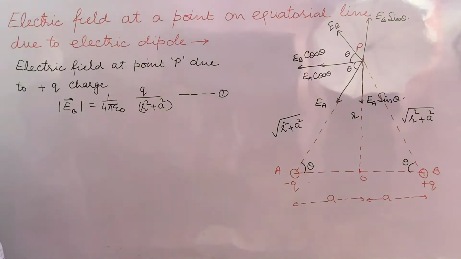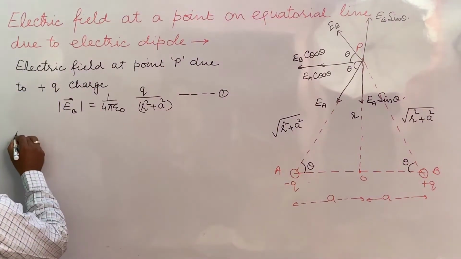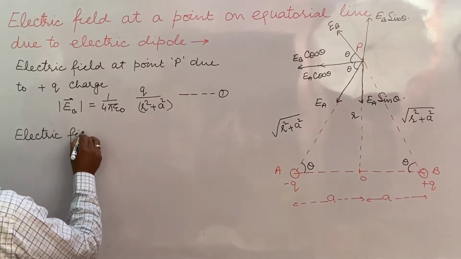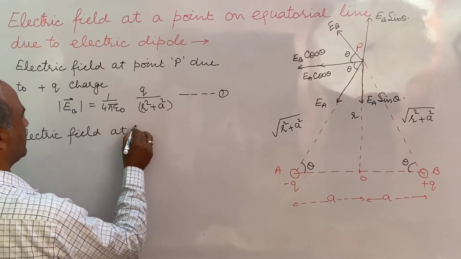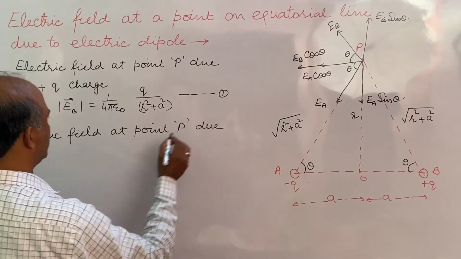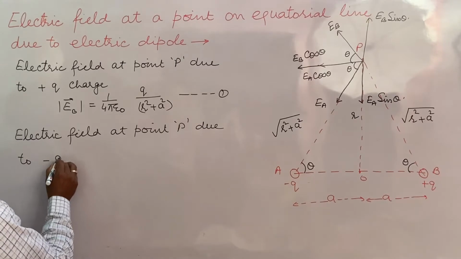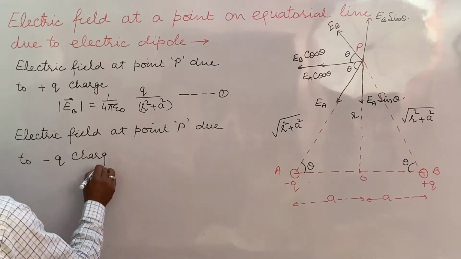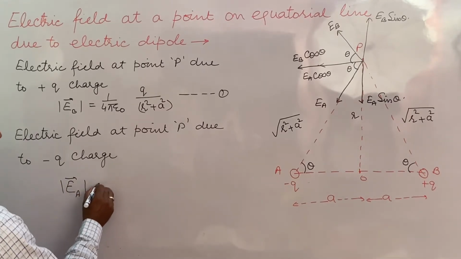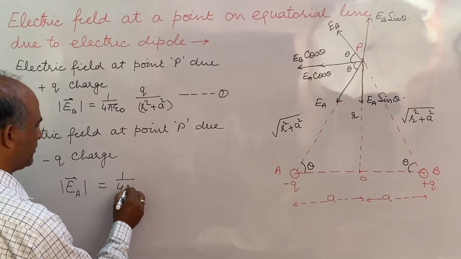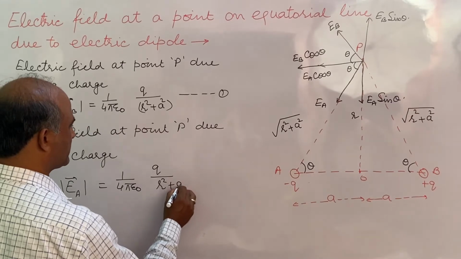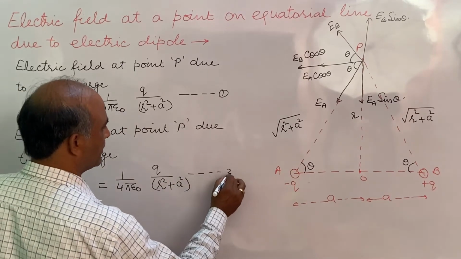Equation first. Similarly, the electric field at point P due to minus Q charge, that is EA modulus, is 1 upon 4 pi epsilon naught Q upon r square plus a square.